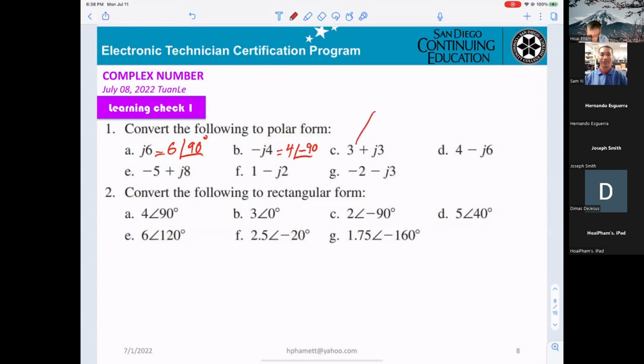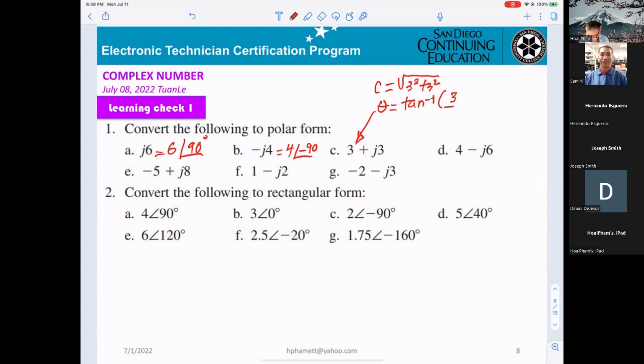Normally, if you want to work on that one, you need to get the square root, right? 3 squared, and the phase. 3 over 3, right?